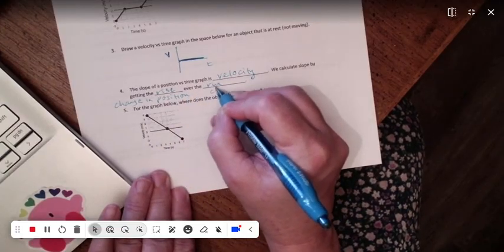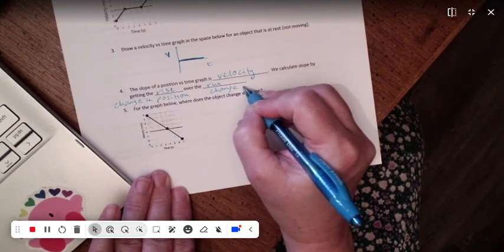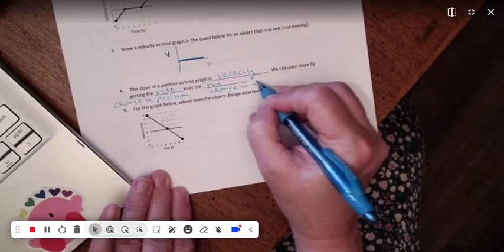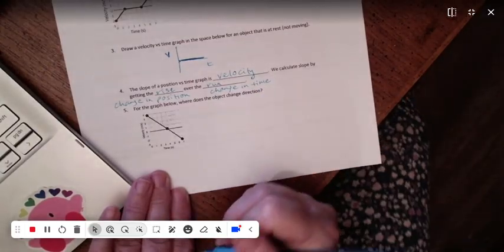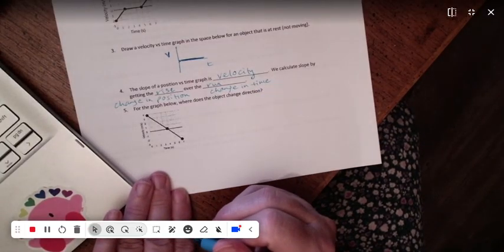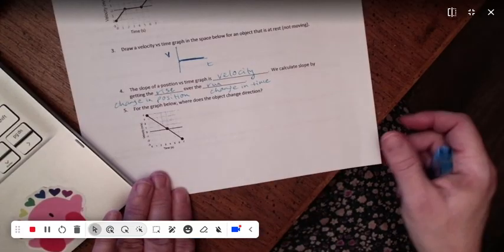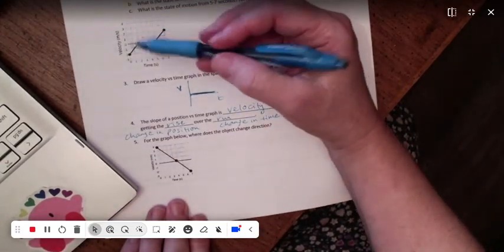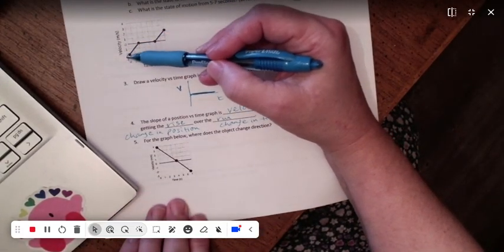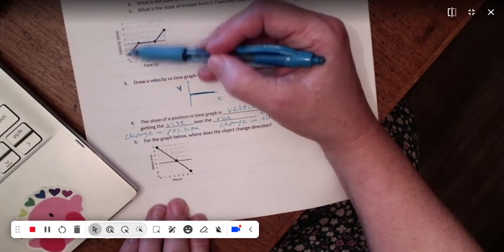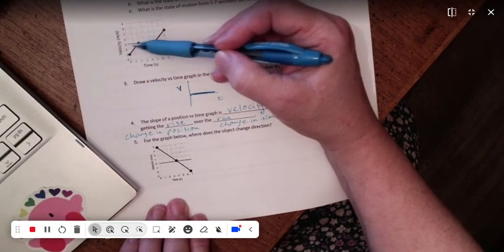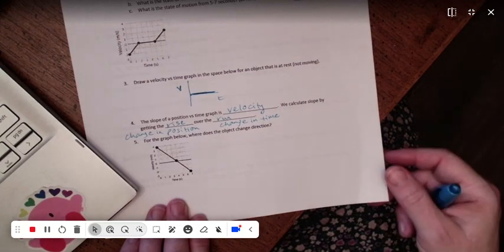My run is my change in time. Okay, that's how we get velocity. And then likewise, again, I'm just throwing this in here, when we have velocity versus time, our rise is our change in velocity, our run is our change in time, and that gives me acceleration.